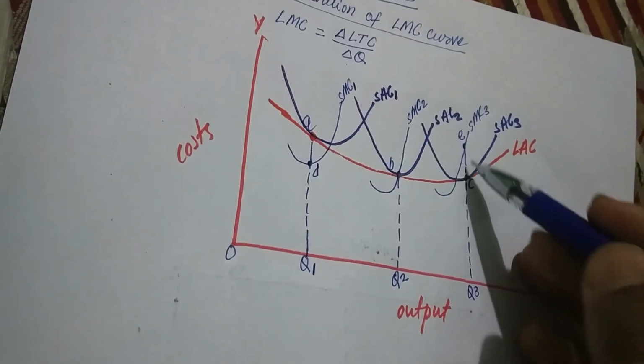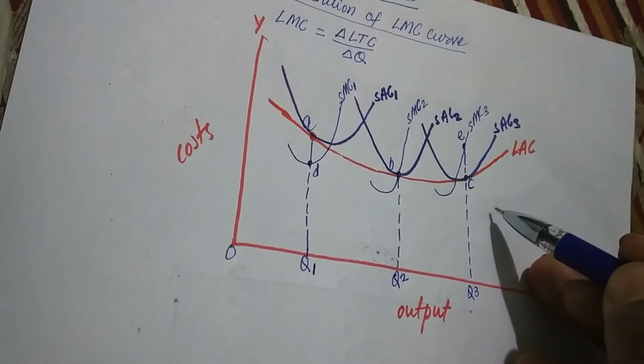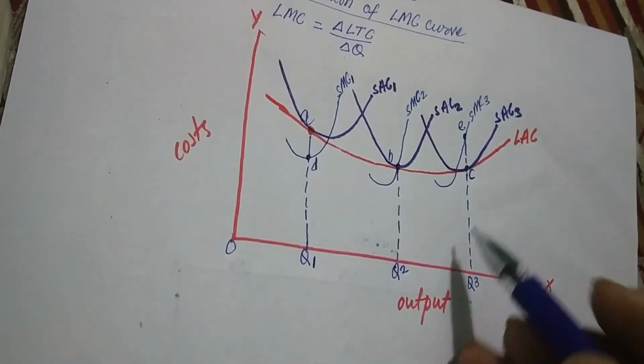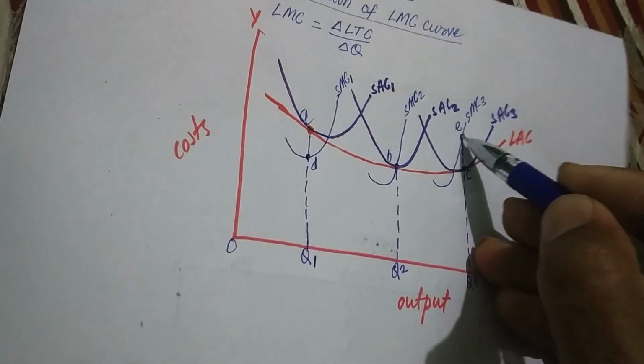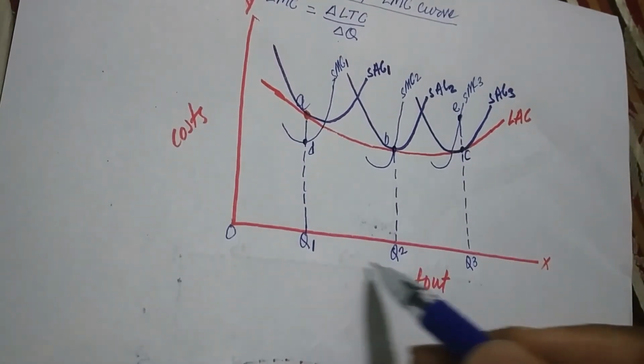The same short run marginal cost is also equal to long run marginal cost for the same OQ3 level of output. So this one is also one of the points for long run marginal cost for OQ3 level of output.